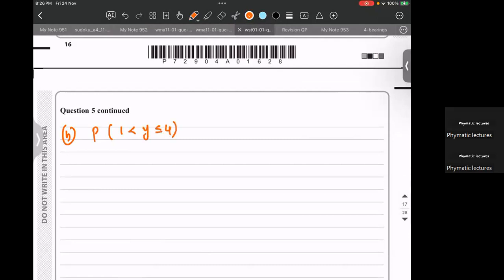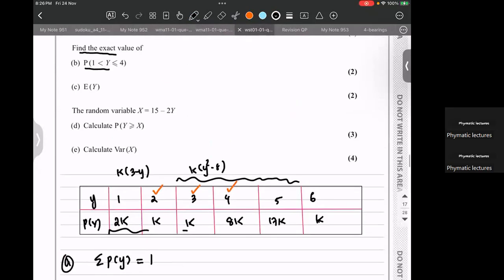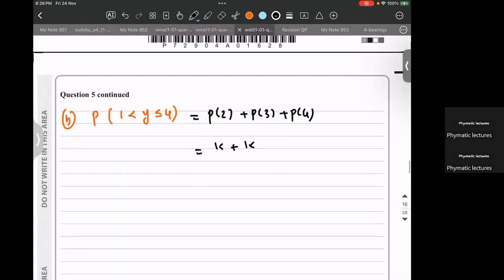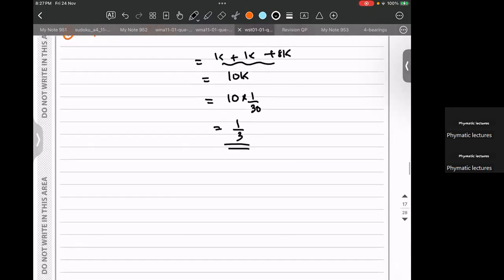So that means it is probability of 2 plus probability of 3 plus probability of 4. Probability of 2 is k, probability of 3 is again k, then probability of 4 is 8k. So that means it is 10k. We already got the value of k, that is 1 over 30. So 10 times 1 over 30, the answer for this question is 1 over 3.